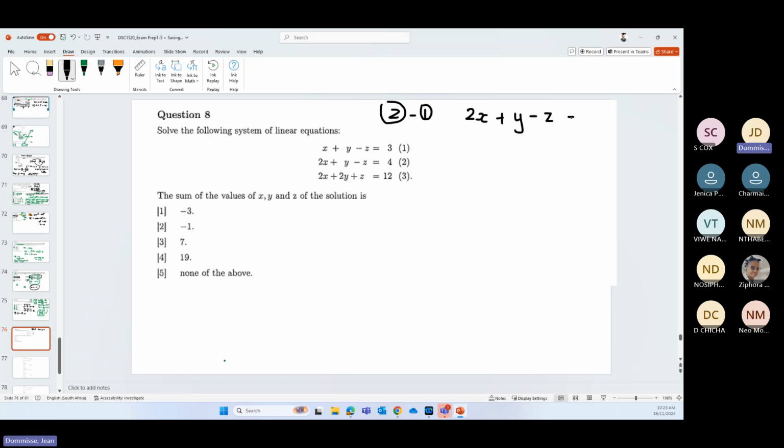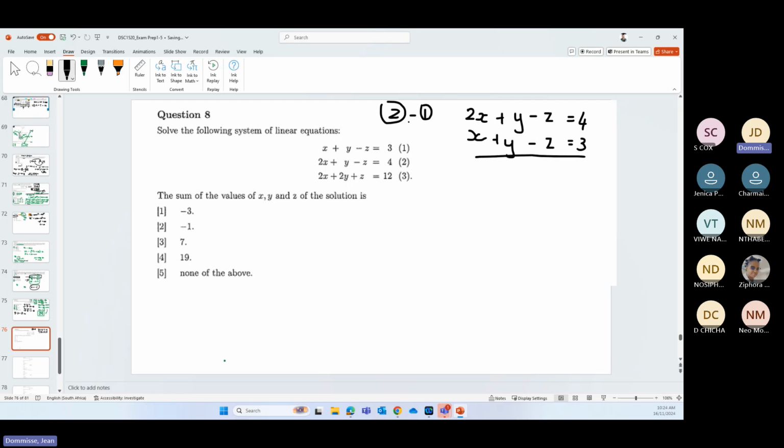This feels not too easy, but it feels like there might be a catch in this. So let's just check. X plus y minus z equal to 3. 2x plus y minus z equal to 4.